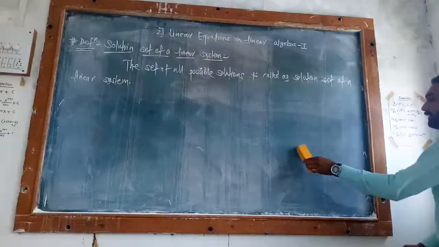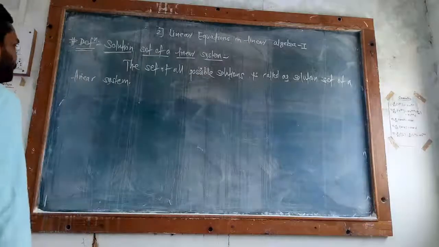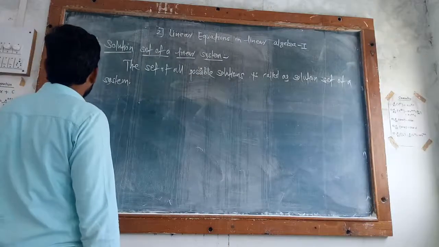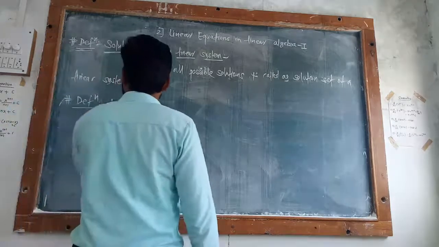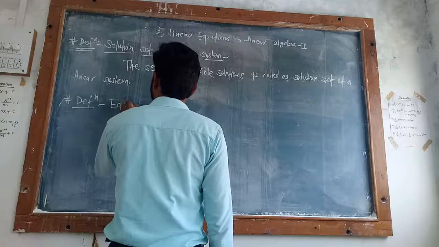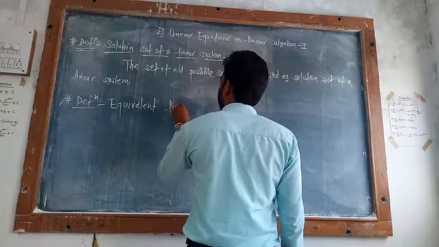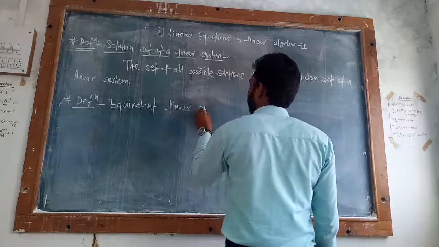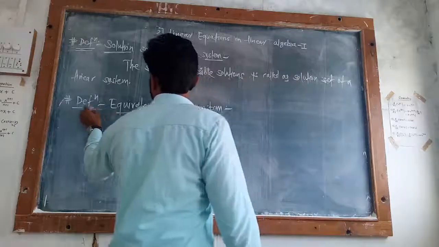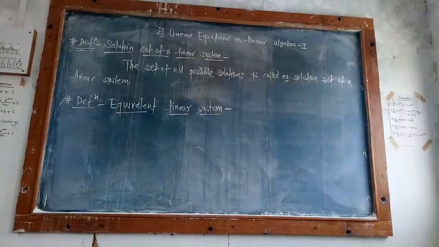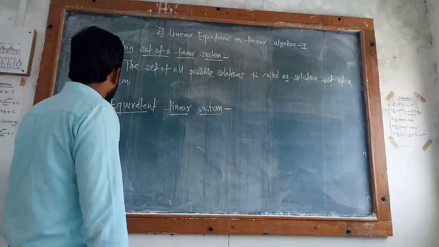Let us write the next definition. What do you mean by an equivalent linear system? It is a simple definition.